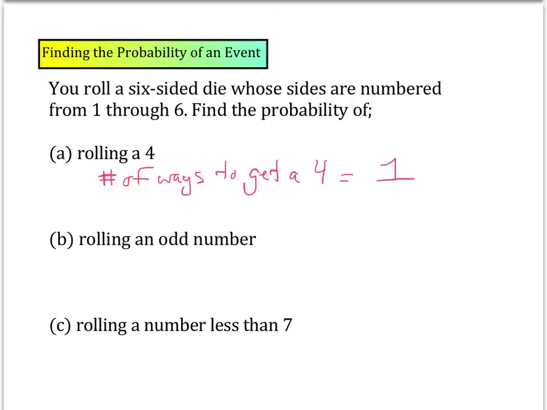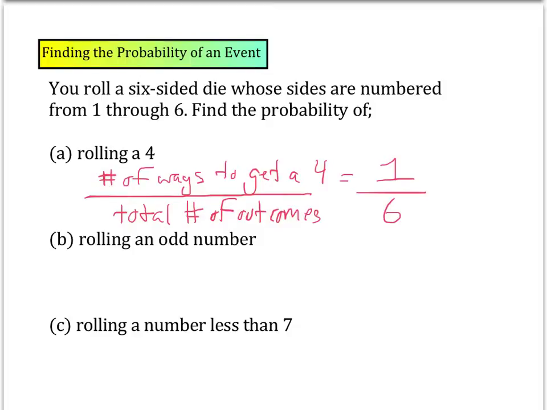Now, the theoretical probability of an event, we have to divide this by the total number of outcomes. Now this is a 6-sided die, so there are 6 possible outcomes. So the probability of rolling a 4 is 1 out of 6.